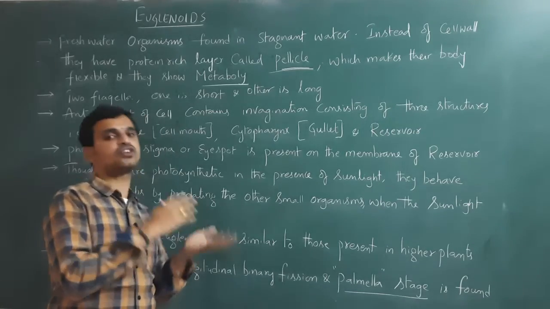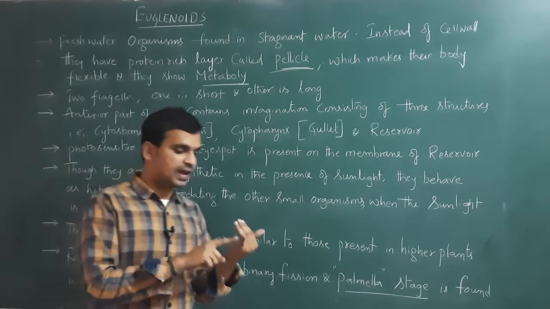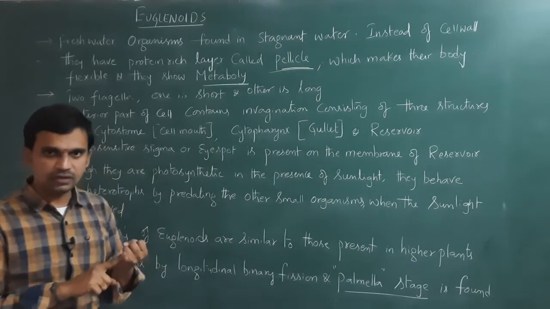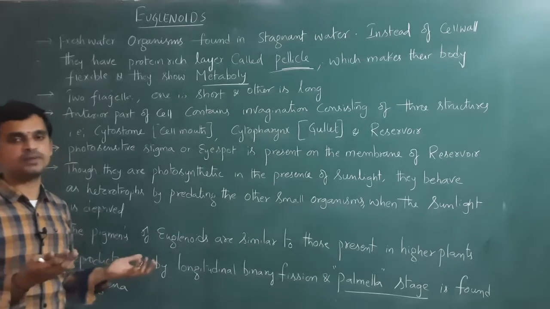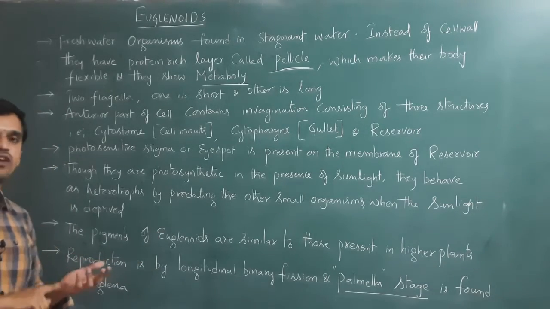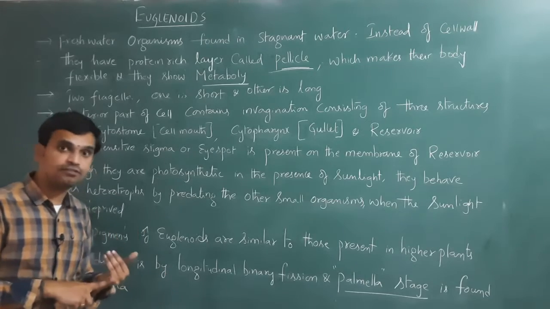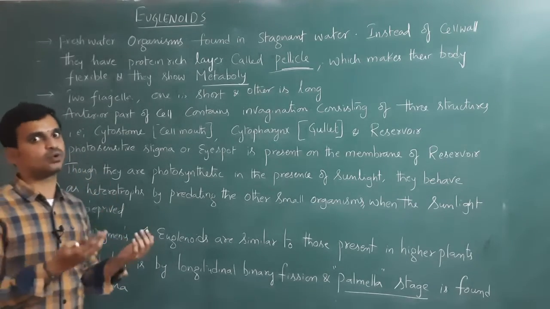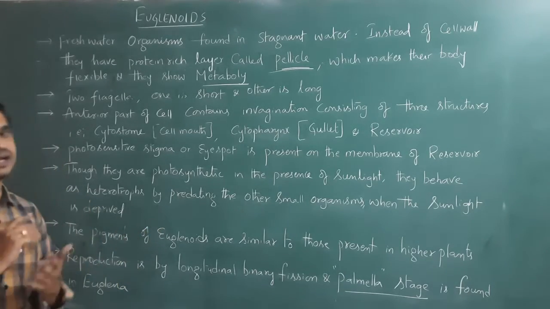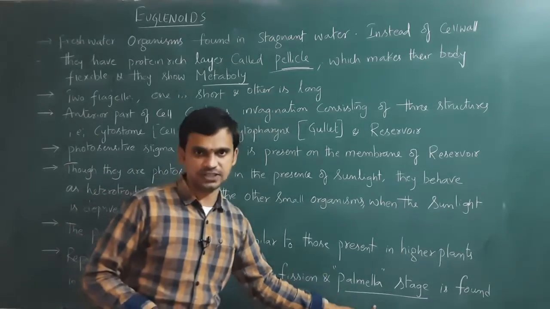Favorable conditions mean the organism can get food, water, and a suitable environment for growth and reproduction. Unfavorable conditions mean lack of food, lack of water, and an environment that does not support growth and reproduction. During unfavorable conditions, the palmella stage is formed.